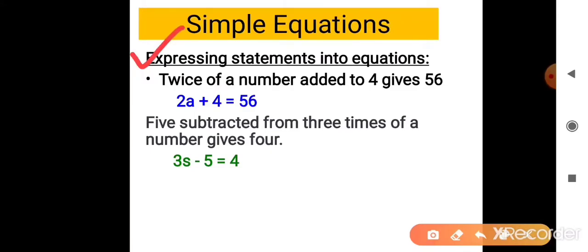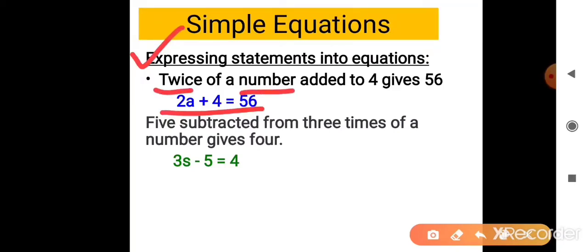Okay, now first one is twice of a number added to 4 gives 56. So first of all, how are we going to express it? Now, although I have already written the expression, it's very important for you to understand how this expression has got formed. So as you can see, the statement reads twice of a number.